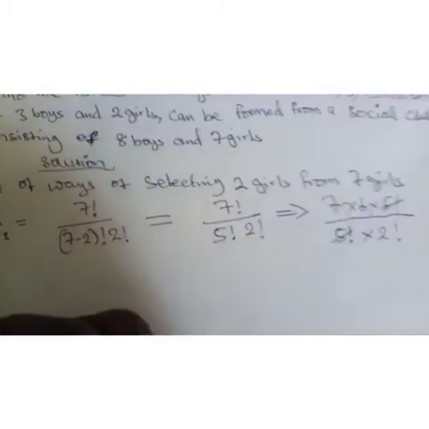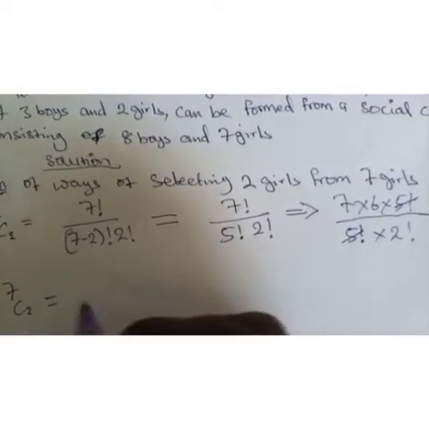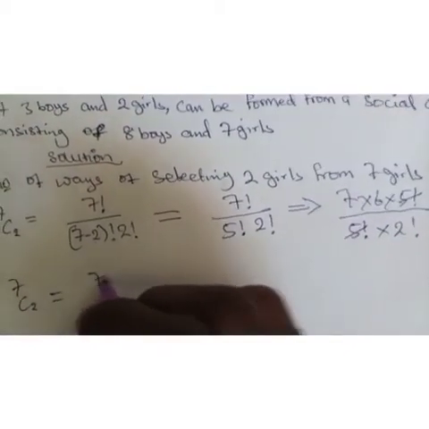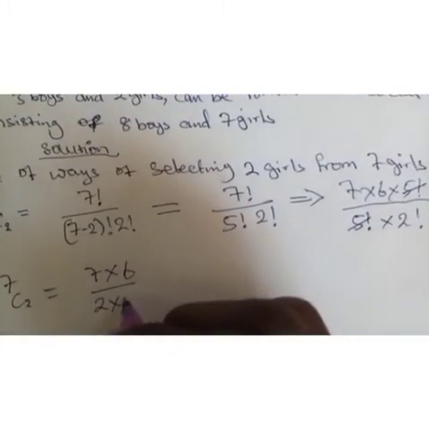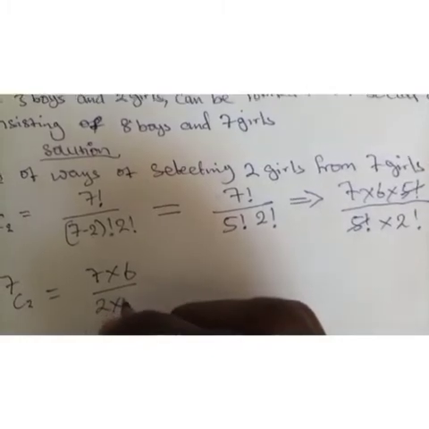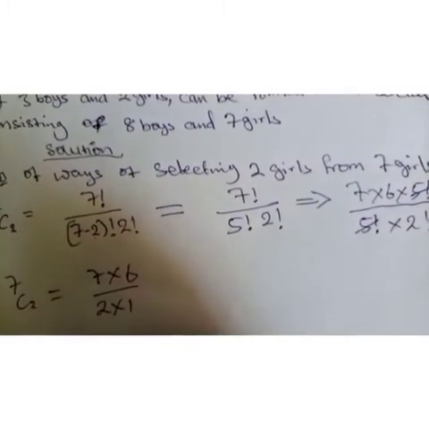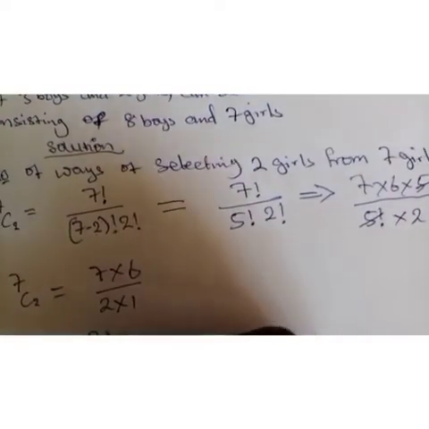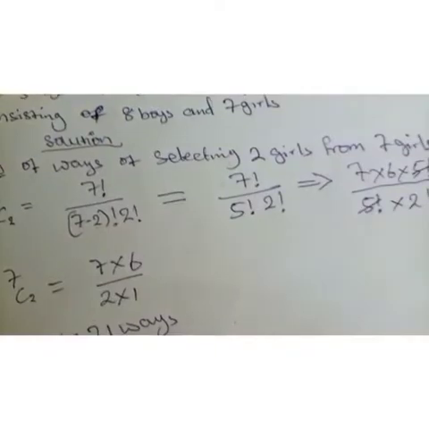So 7 combination 2 will be equal to 7 times 6 all over 2 times 1. When we solve this, we discover it is 21 ways.